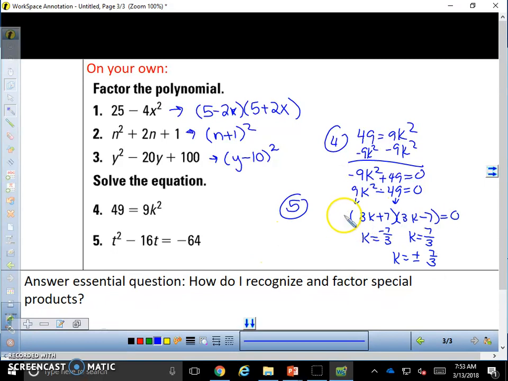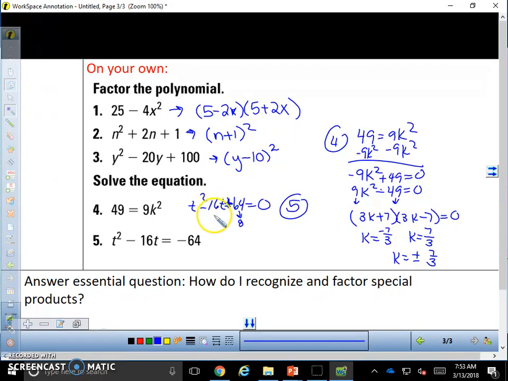Means the same thing. Number 5, we're going to rewrite it so that it's equal to 0 by adding 64 to both sides. Okay, now we're going to factor it. This is one of those special ones. What times what is 64? 8.